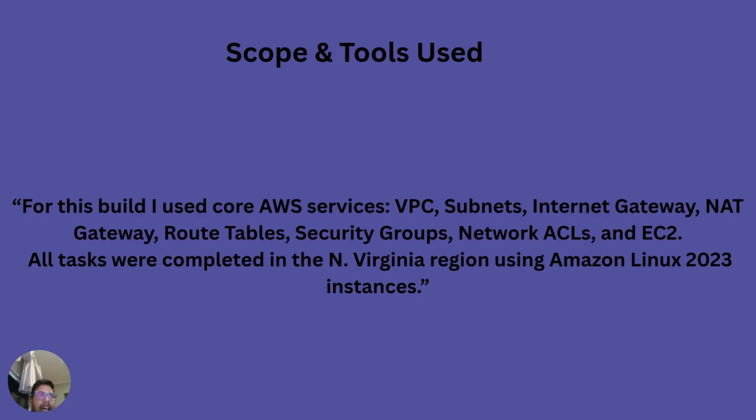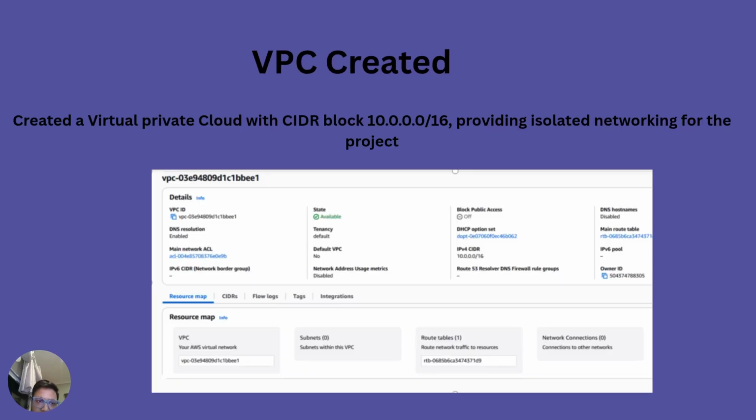After that, the main thing was that the VPC was created. A VPC was created with a CIDR block of 10.0.0.0/16, which is a Class B range, and provided isolated networking for the project.